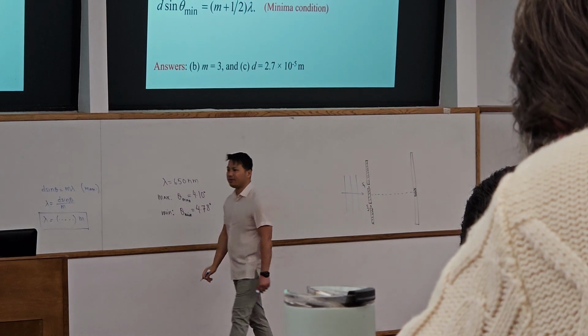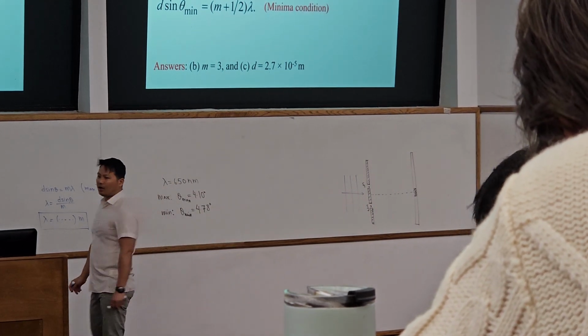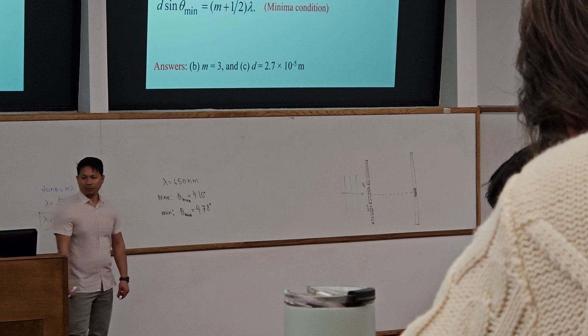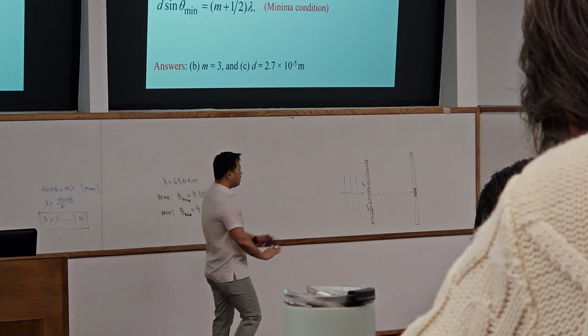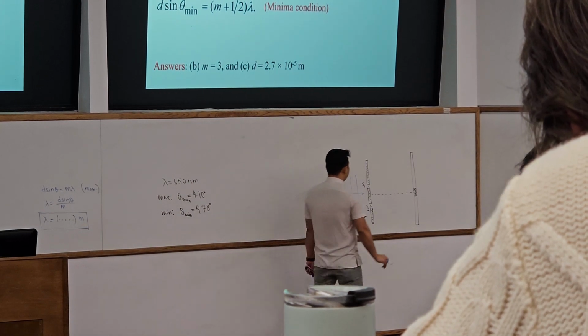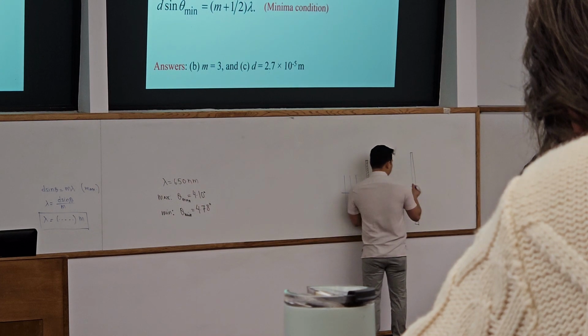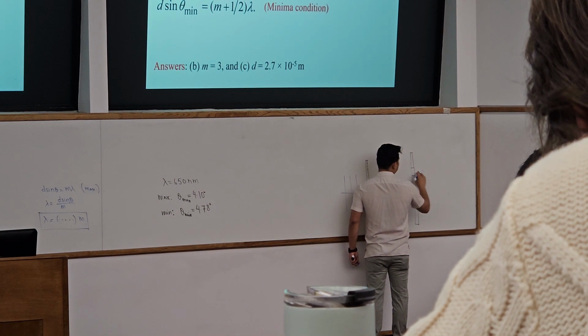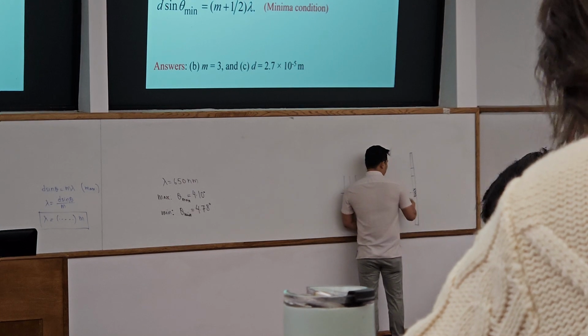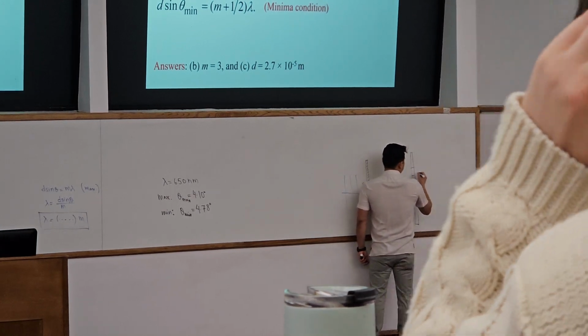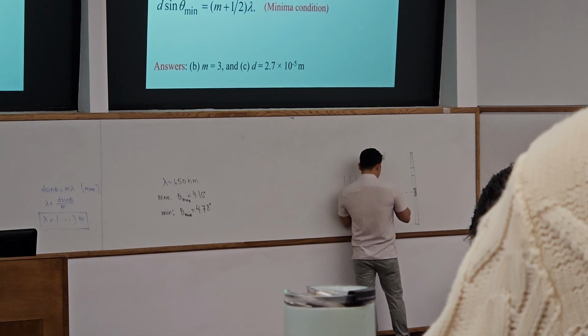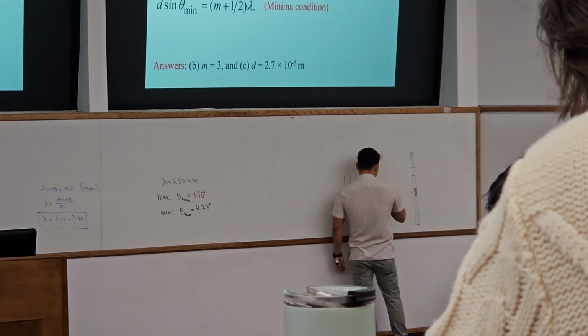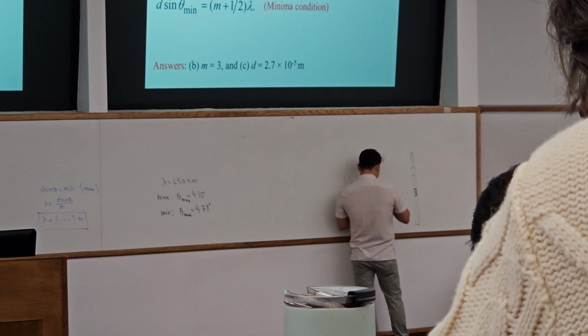And the question is over here. You need to pay attention over here. A minima is observed at an angle of 4.78. So let me represent the minima like this over here. It's a minima over here. And the minima is seen at an angle. Let me draw this angle. This is the line. Okay.